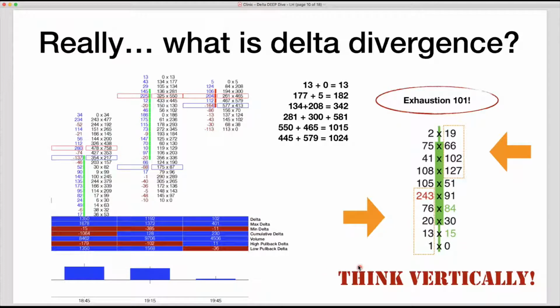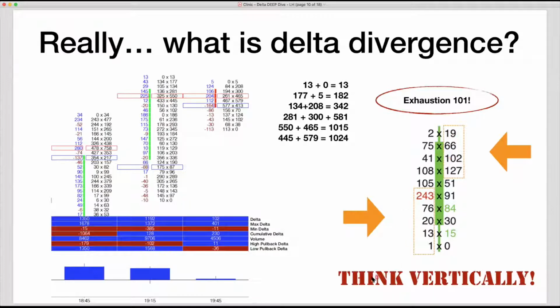And the problem is people are brought up on have your charts horizontally, and then this amazing concept of delta divergence comes along. Okay, we've got reduced aggressive buying, maybe, depending on how we arbitrarily cut the time slices, but in actual fact, crunch all the volume together, you see the same thing as exhaustion, and you save a whole heap of screen real estate.